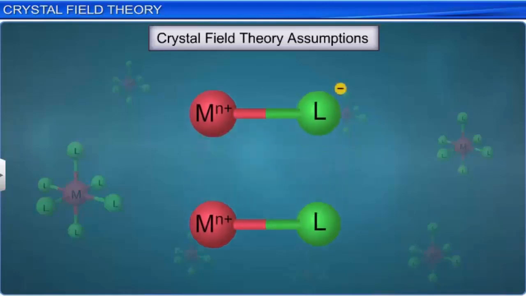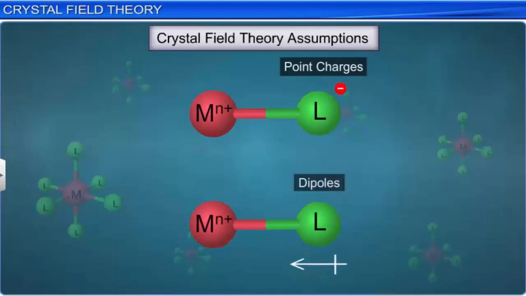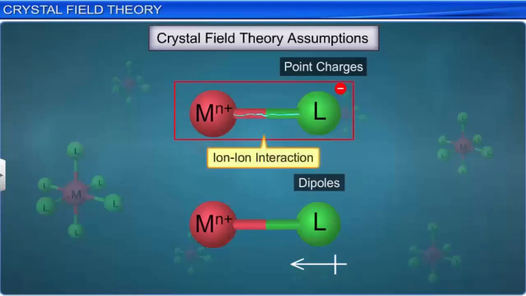That is, the attraction between the electron-rich ligand and the electron-deficient metal is called what? Electrostatic force of attraction.